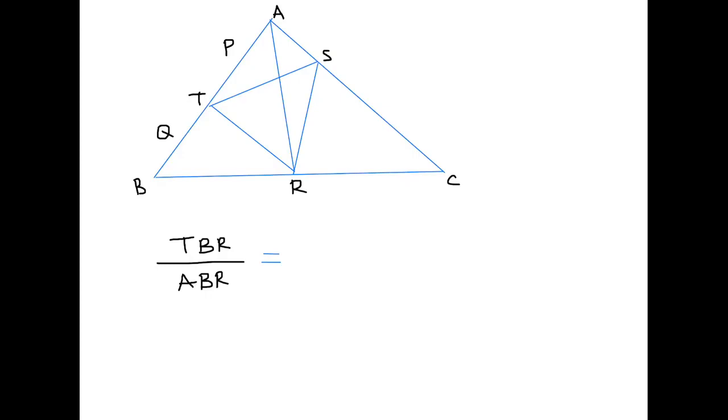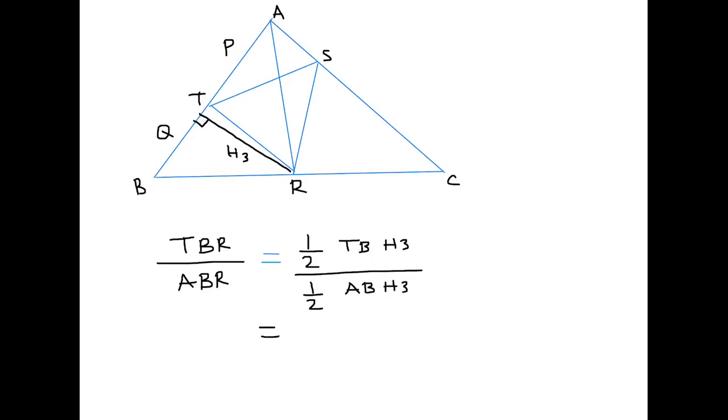So we have, again, if you drop a perpendicular like that, and you can call that, say, H3, TBR is 1/2 base times height, which is 1/2 TB times H3, and ABR is 1/2 AB times H3. So the halves and the H3s cancel out. TB is Q, and AB is P plus Q. Okay?